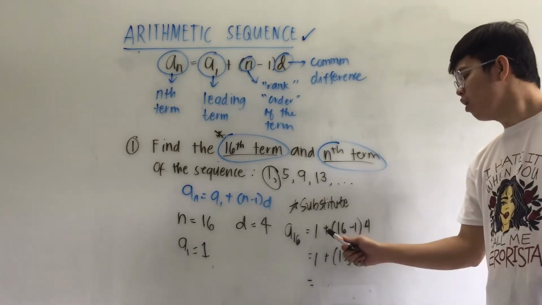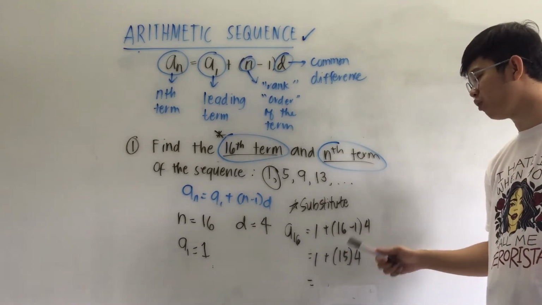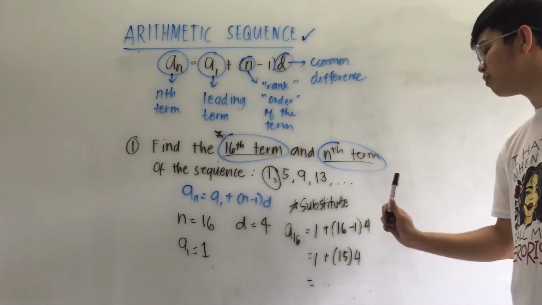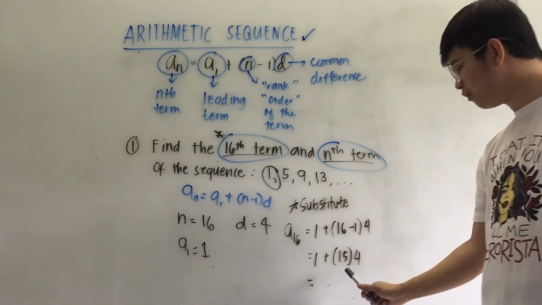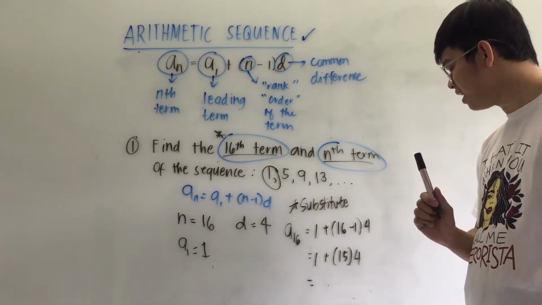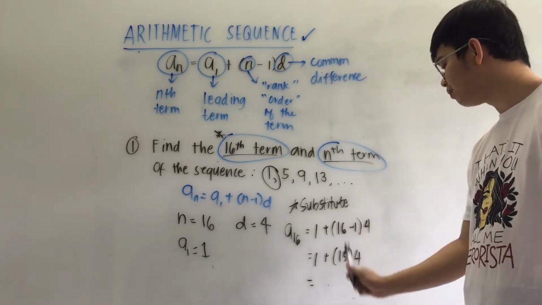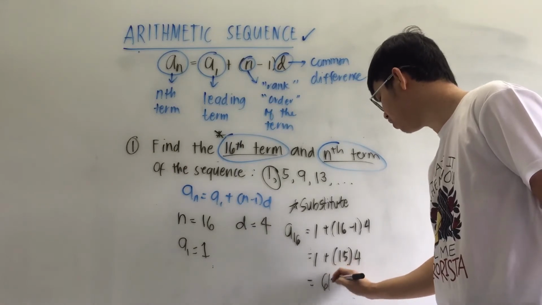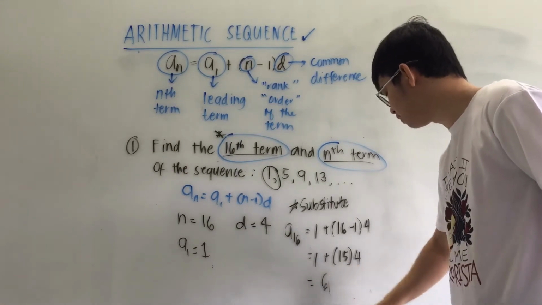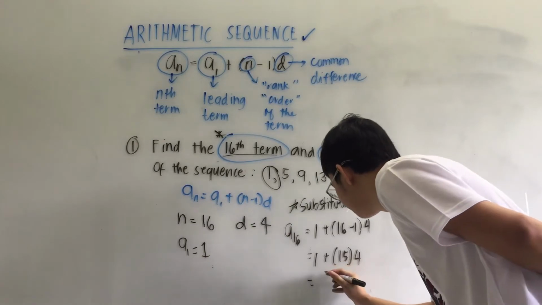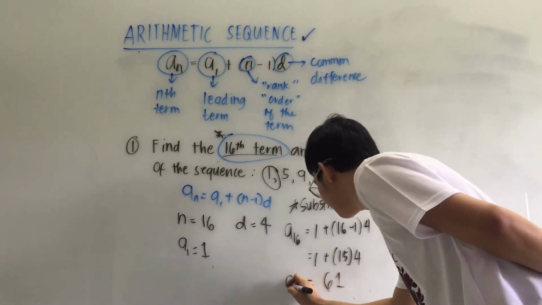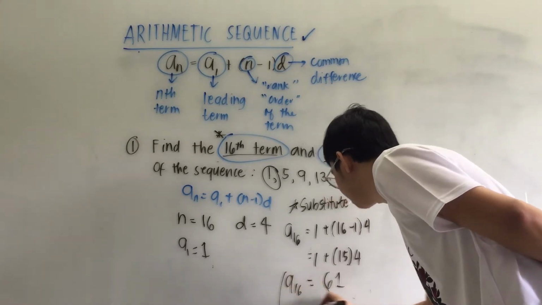Baby steps, guys. 1 plus 16 minus 1 times 4. So therefore, you just have to bring down 15 here. 16 minus 1, 15, and then times 4 and then plus 1. Therefore, 15 times 4 is 60, and then plus 1 is 61. Therefore, your 16th term is 61. I'm sorry, 61 is your a sub 16.